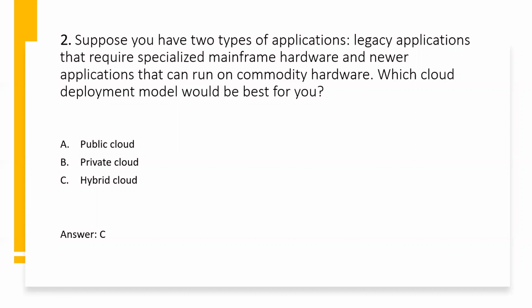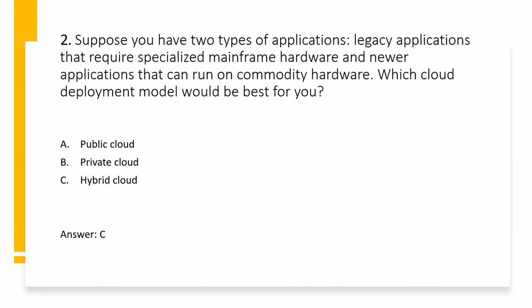When you're using private cloud, you don't share the services with other tenants. So this is not the right one. Let's go to hybrid cloud. So hybrid cloud means you can keep some resources in the cloud and then some in your on premises. So this is the right answer. So here is the right answer, hybrid cloud.